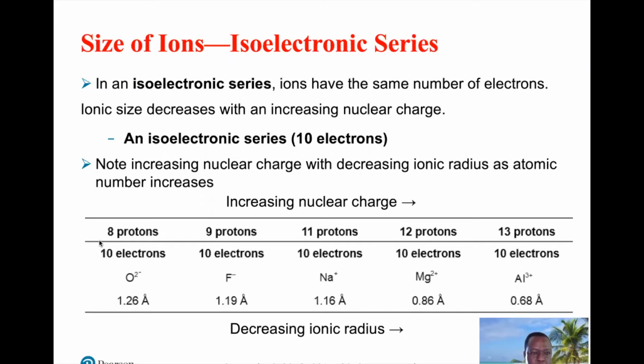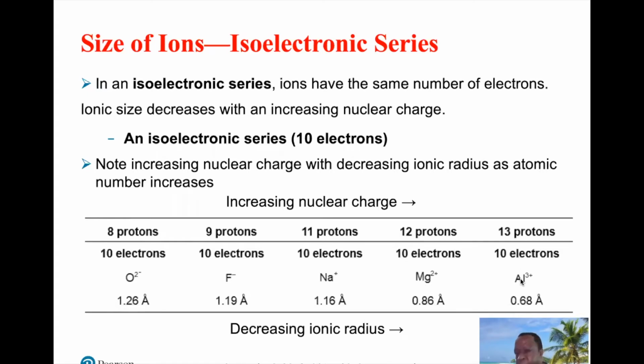So here, the nuclear charge is the number of protons. If you remember, atomic number 8 is oxygen, atomic number 9 is fluorine, atomic number 11 is sodium, atomic number 12 is magnesium, and atomic number 13 is aluminum.